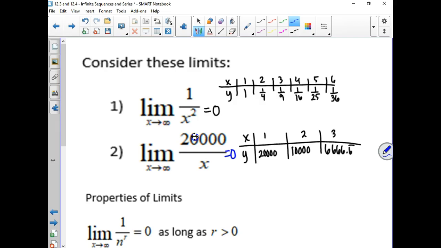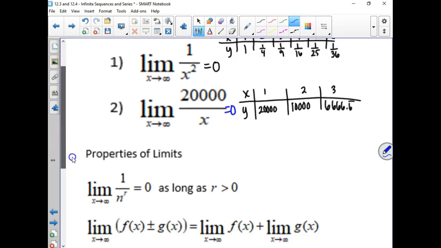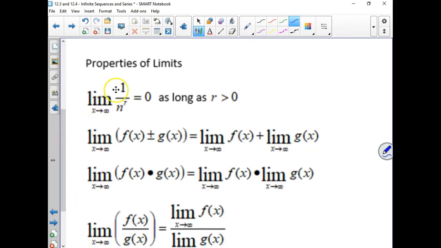So, some properties of limits that we need to know, and they're written for you there. If you have a number, and really this 1 right here could be any number, positive or negative, it doesn't matter.